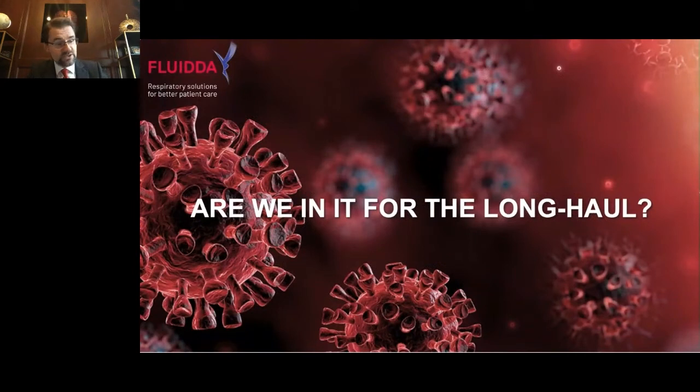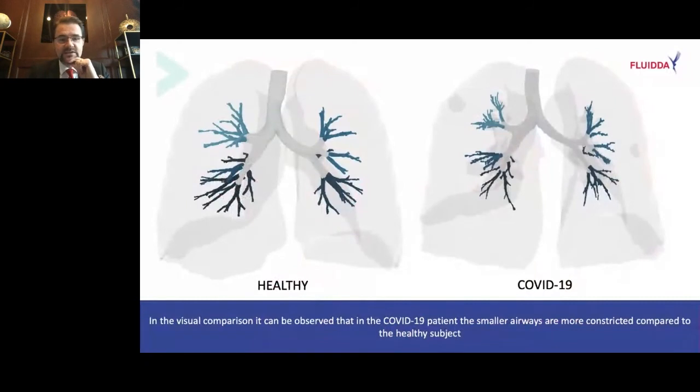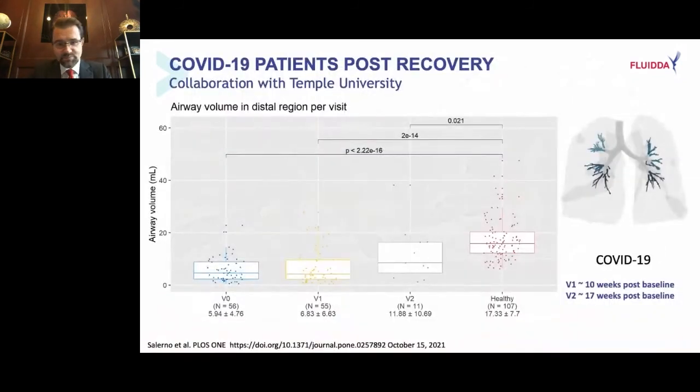Another burning question, are we in it for the long haul? And unfortunately, I think the answer is yes. The first scans that we receive now from these long haulers do indicate, not only from the vascular side, but also from the airway side, that we do see sustained bronchoconstriction and vasoconstriction. So here, these are the airways, so not the blood vessels, but the airways. So visit 0 is the hospitalization visit, where you do see a significant reduction in the airway volume, so significant bronchoconstriction.